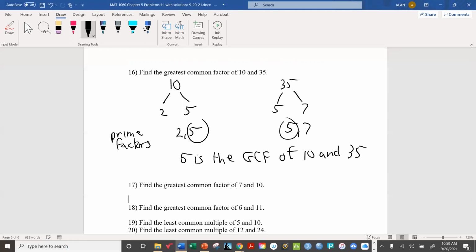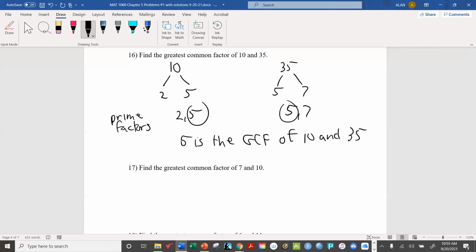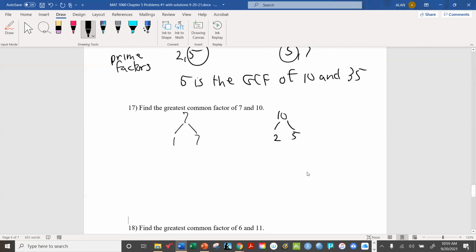How about 7 and 10? Now, this is a bit of a trick question because, well, 7 is a prime number. 10 is not. But the bottom line is the prime factors are 7 over here, 2 and 5. They have none in common, do they? They do not.